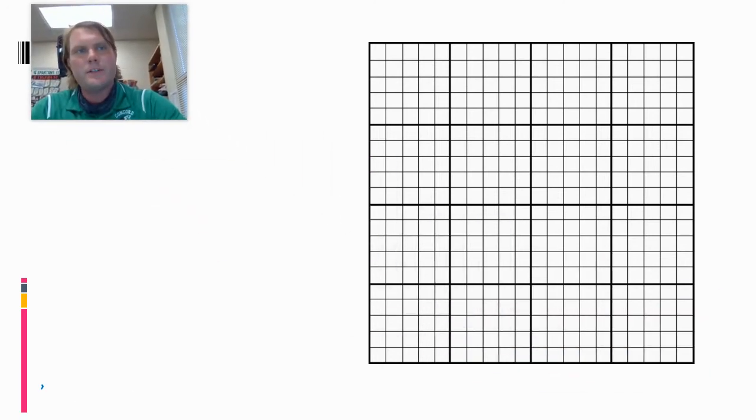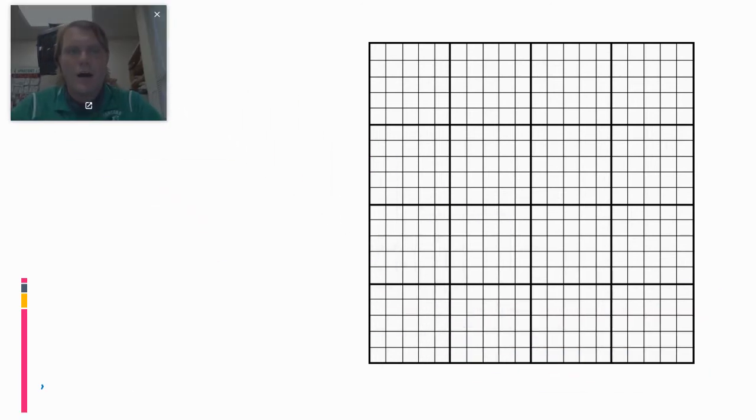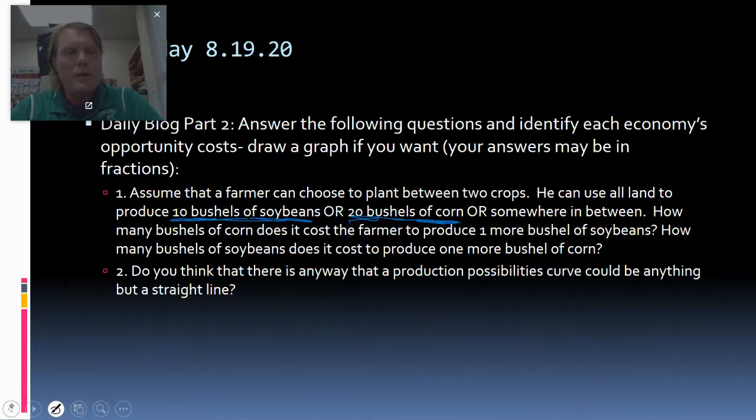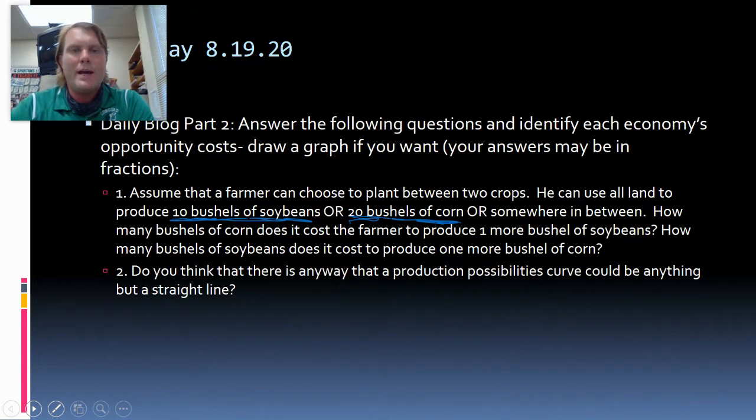And it's going to look something. We're going to obviously draw on there. So that kind of gives you a little bit of a hint. You don't necessarily absolutely have to have graph paper. Pause the video, see if you can't draw what we're trying to show, as well as figuring out how much producing one extra of each is.